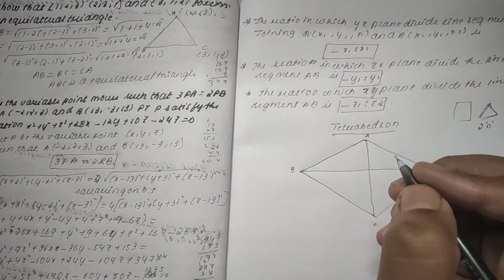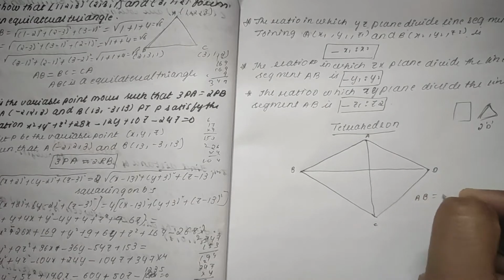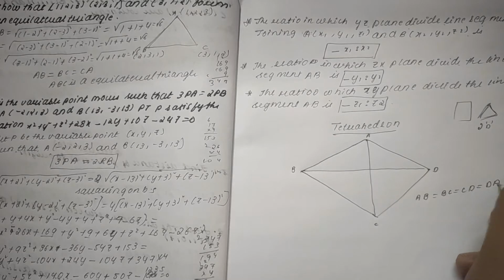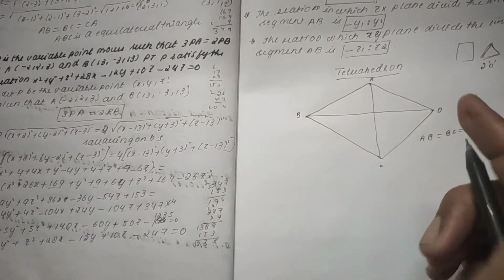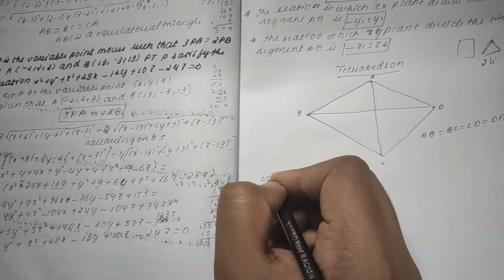A regular tetrahedron definition goes as AB is equals to BC is equals to CD equals to DA. And the only formula we have to use in case of tetrahedron, that is centroid.